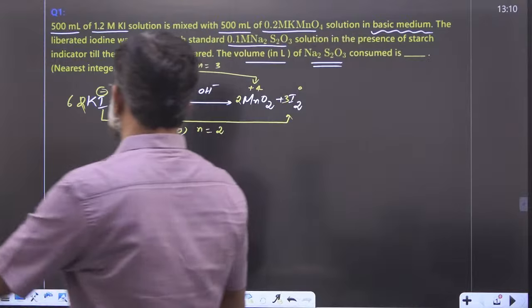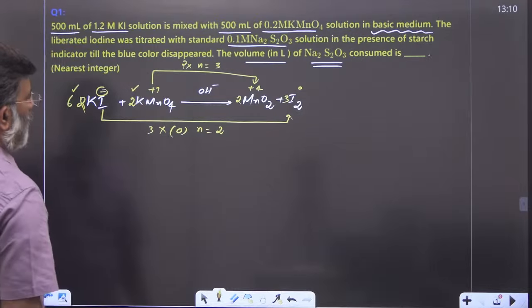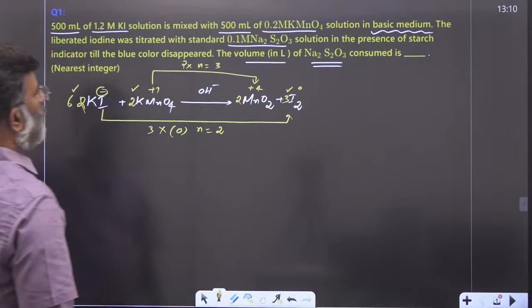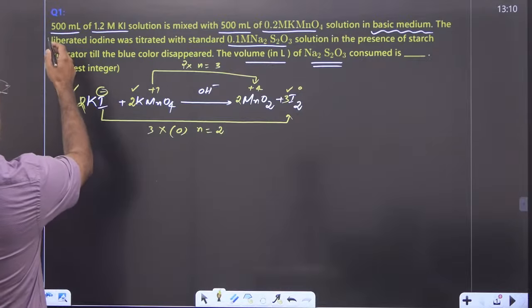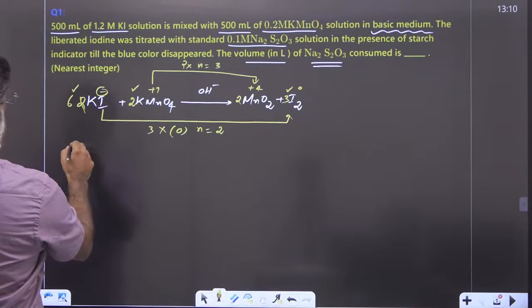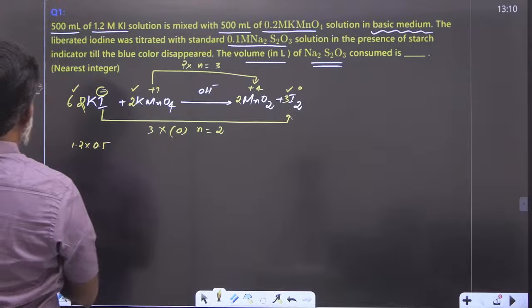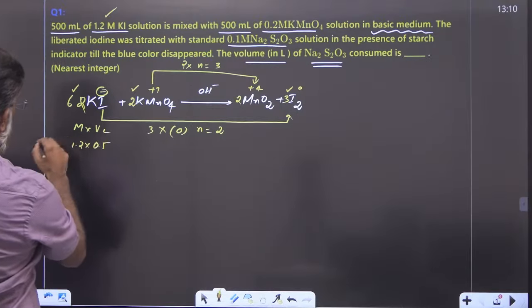Now let's see, 6 mole KI reacting with 2 mole permanganate, you get 2 mole MnO2 and 3 mole I2. We need to check here. The KI solution is 1.2 molarity into volume in liter 0.5.